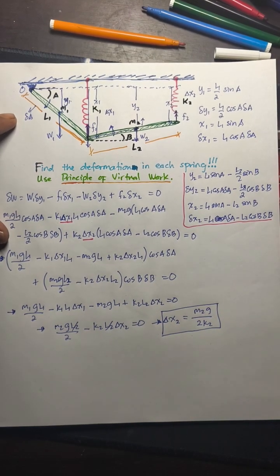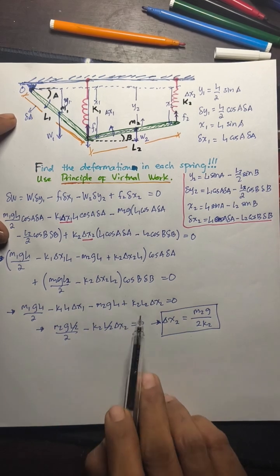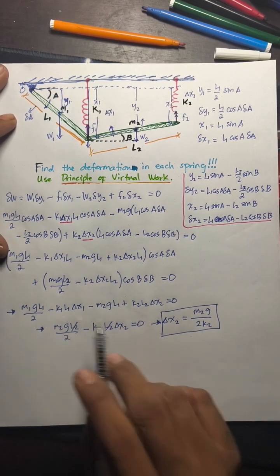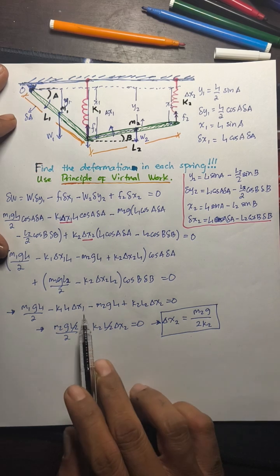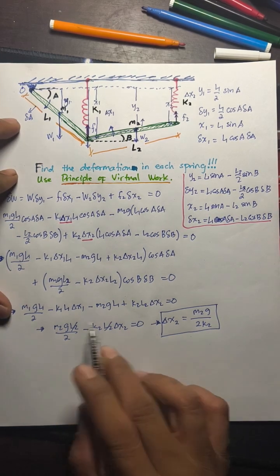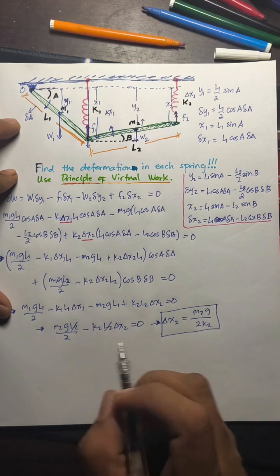How about our delta x1? Well, we can substitute this one here. So I would now transfer delta x1 to the other side.